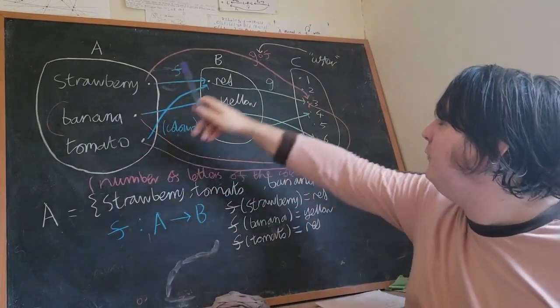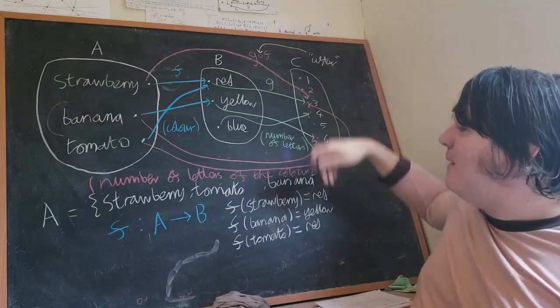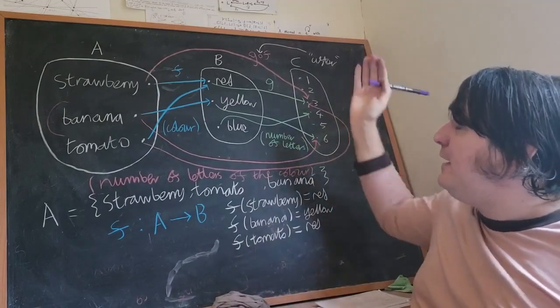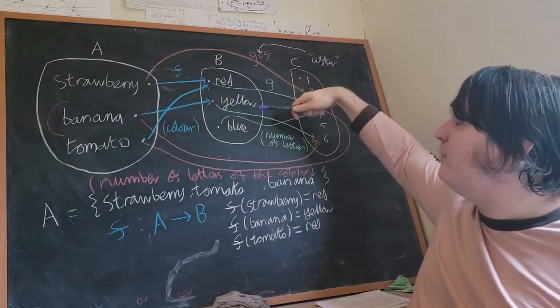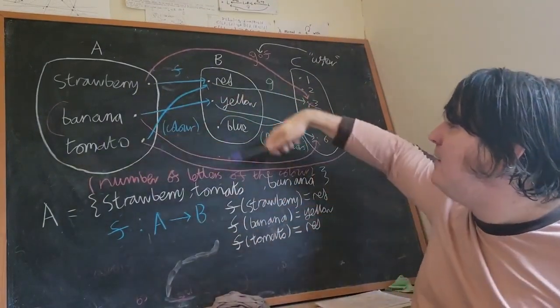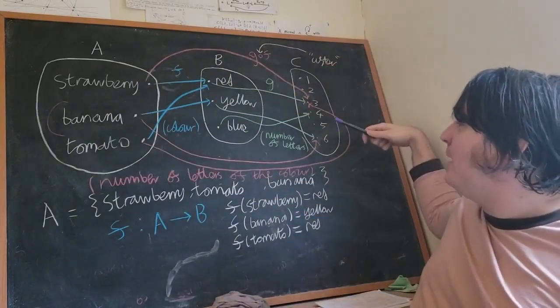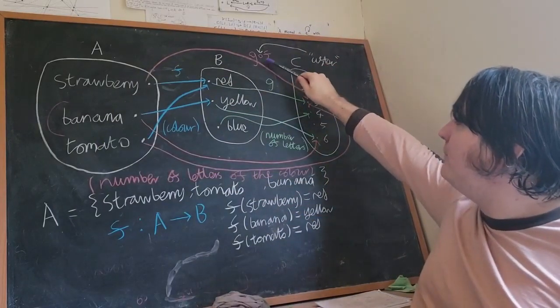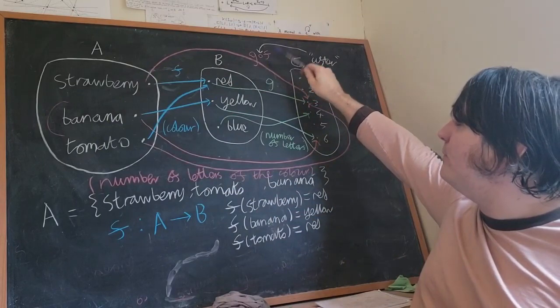And functions are extremely important because they give us ways of comparing sets and ways of putting the elements in sets in correspondence with one another. And this idea of composing is really, really important.